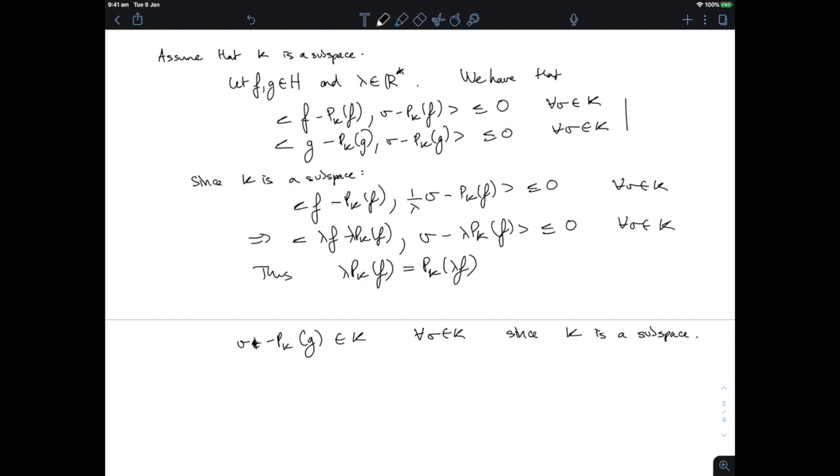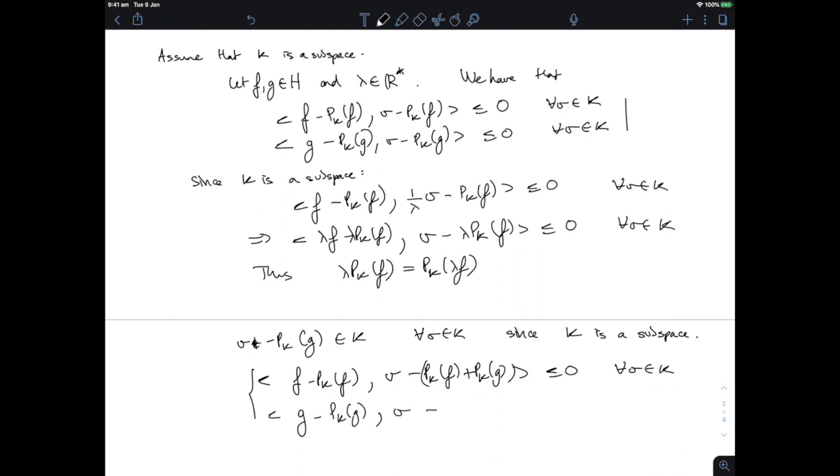So I have that (f minus P_K f, v minus P_K f plus P_K g) is going to be less or equal than 0 for all v in K. And I also have that (g minus P_K g, v minus P_K f plus P_K g) is less or equal than 0 for v in K. This time I subtract P_K f from v and I stay in K because K is a subspace.